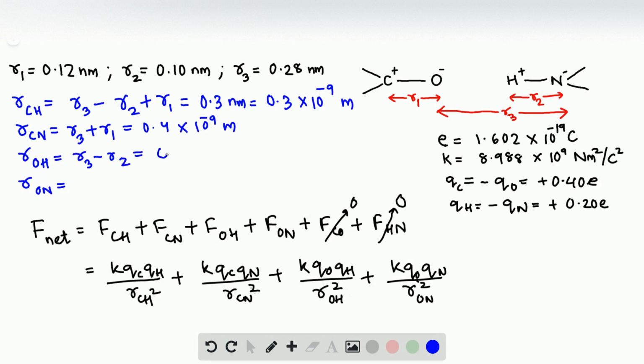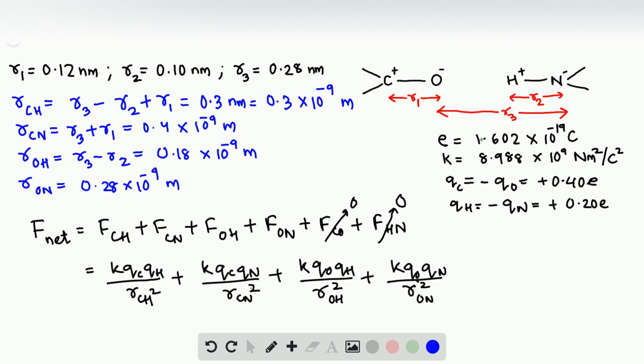This will be 0.18 times 10 to the power minus 9 meter. And R_ON is basically the distance R3. This is 0.28 times 10 to the power minus 9 meter.